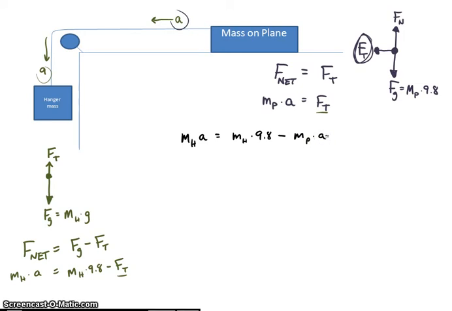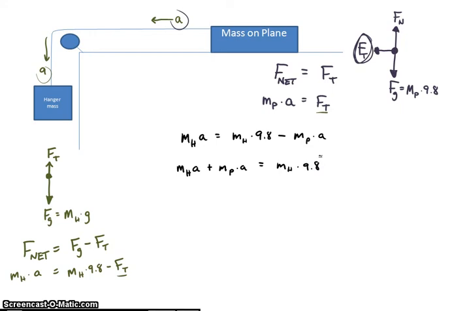I'm going to then bring this piece and this piece to the same side since they both have a's. So mass of the hanger times acceleration plus mass of the plane times the acceleration is now equal to the mass of the hanger times 9.8.